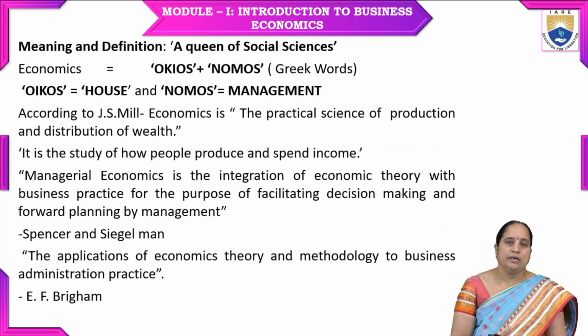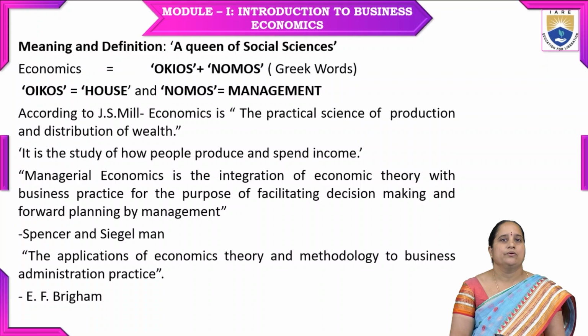Then, coming to the meaning and definition. Economics is considered the queen of social sciences. The word economics is derived from the Greek words oikos and nomos. Oikos means house and nomos means management. According to J.S. Mill, economics is the practical science of production and distribution of wealth.